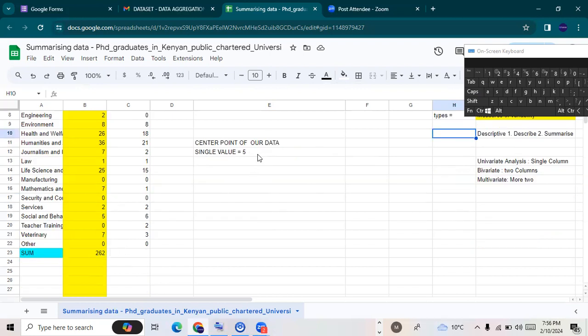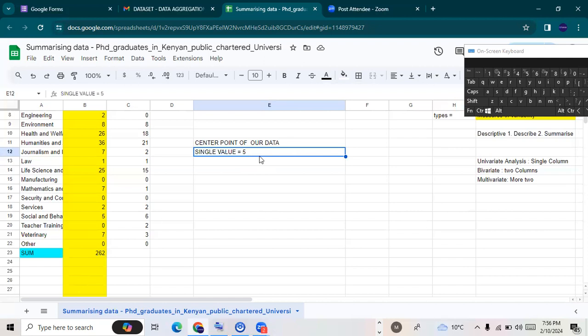There should be just a single value that serves as the center. So now we have identified this single value as 5. That's just an example.